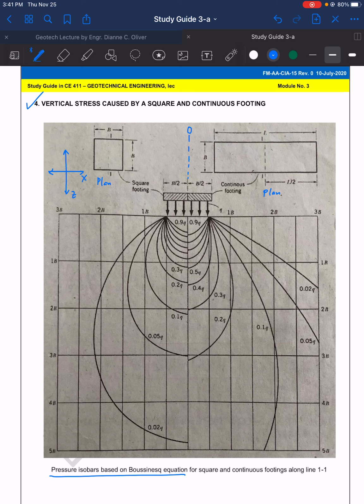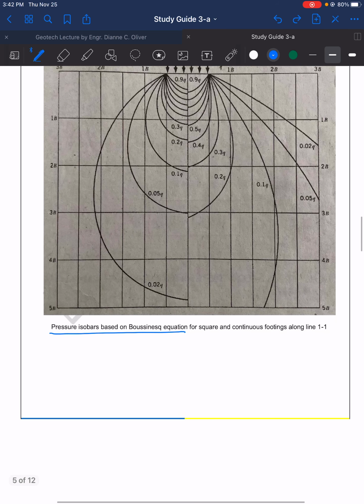So the left portion is for the square footing, whereas the right portion is for the continuous footing. So we need to plot the point wherein we have the formula for x.